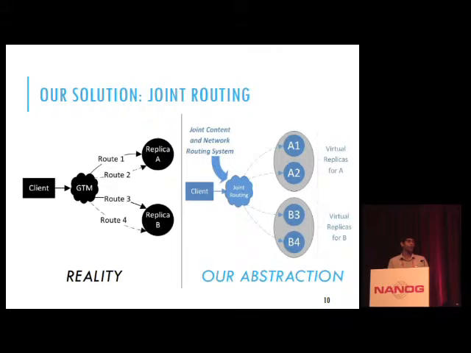So we want to give the GTM system a view of replicas A1 and A2, which are actually the same physical replica, but A1 is replica A with route 1, and A2 is replica A with route 2. So this is the view that we would like to give the application level service. And this interconnect is our joint content and network routing system.